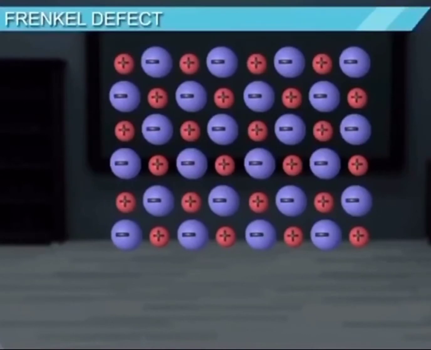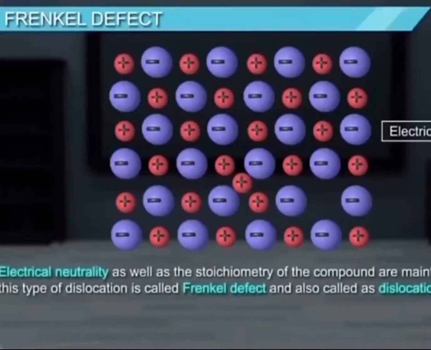Frenkel defect. This defect is shown by the ionic solids. The smaller ion, usually cation, is dislocated from its normal site to an interstitial site. It creates a vacancy defect at its original site and an interstitial defect at its new location.